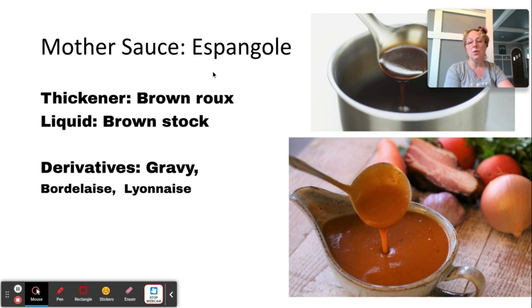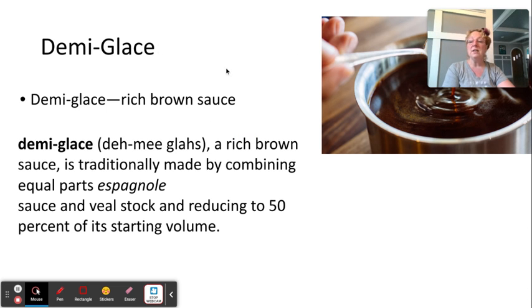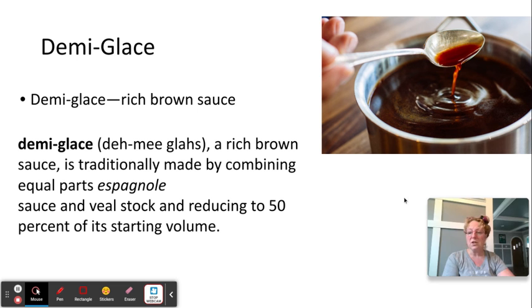So Espagnole or brown is going to utilize the dark brown roux and the brown stock. So we're talking about a beef gravy. Bordelaise and Lyonnaise are also examples of this. These are sauces that have particular herbs or seasonings or flavorings to make them not just a straight brown. A demi-glace, I'll show you the picture here. A demi-glace is a little bit thicker than a brown sauce.